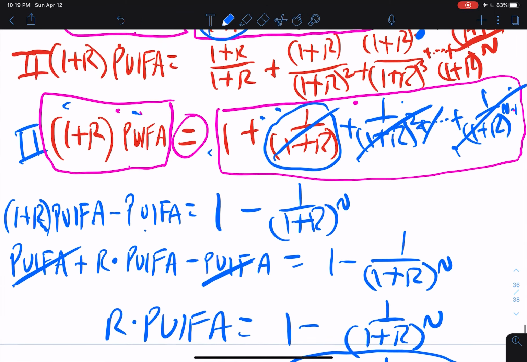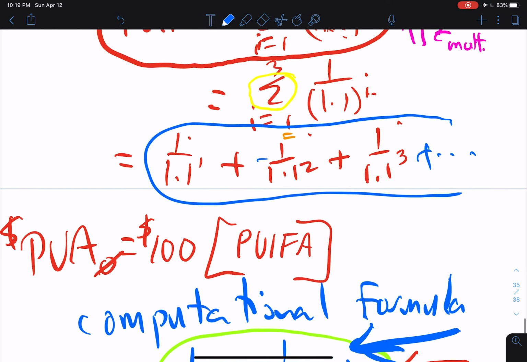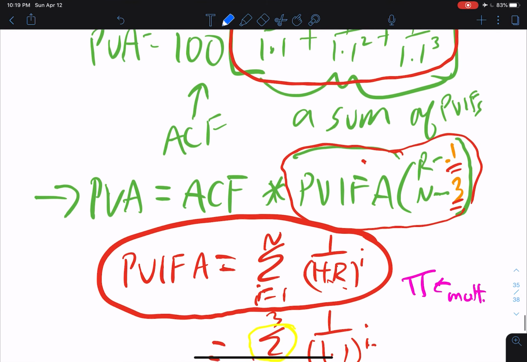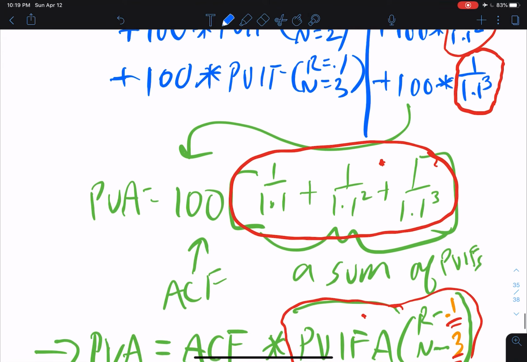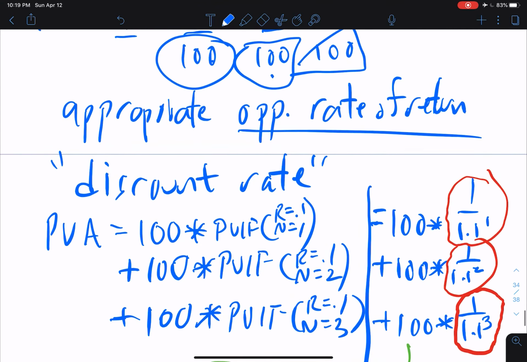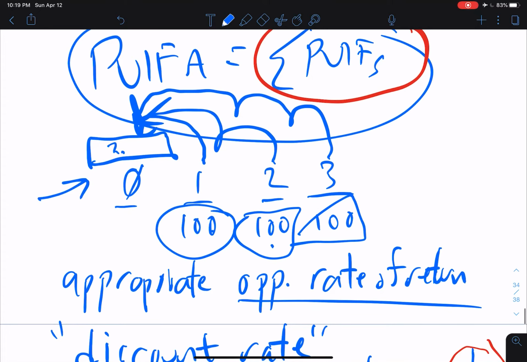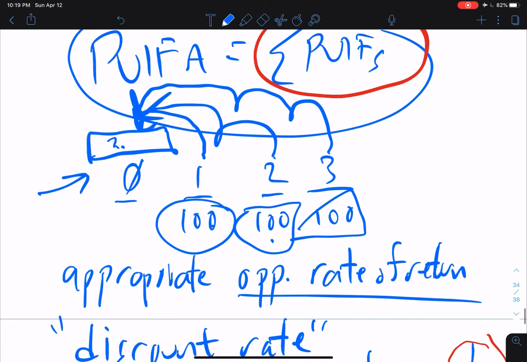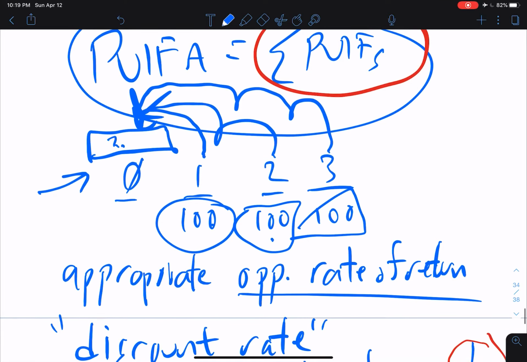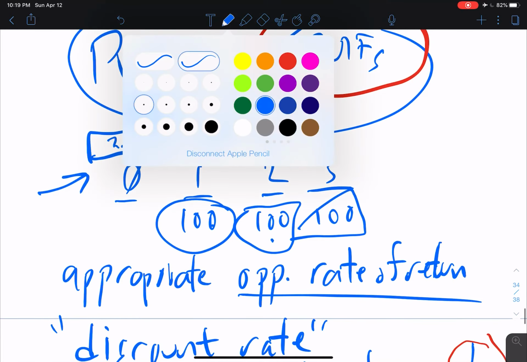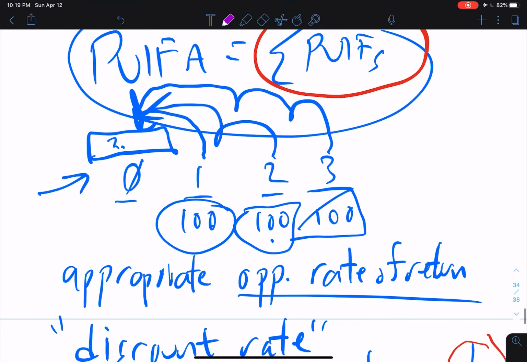And you can see why that's the case, because up here, when we broke out the terms initially using the old-fashioned way, we took them back to date 0, and just the way we built it, this value right here went back 1 period, this went back 2 periods, and this went back 3 periods.